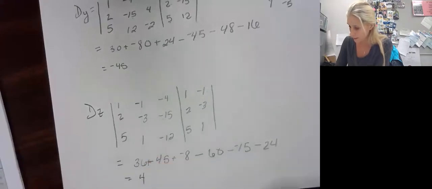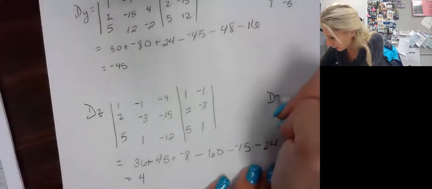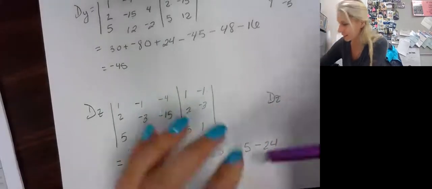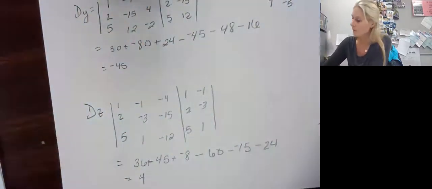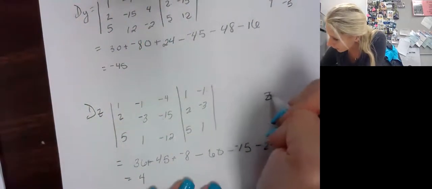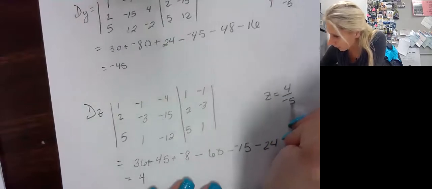All right, let's see what happens here, because this dz, or not dz, because that's determinant, z equals 4 over negative 5.